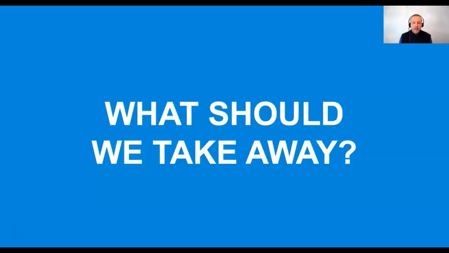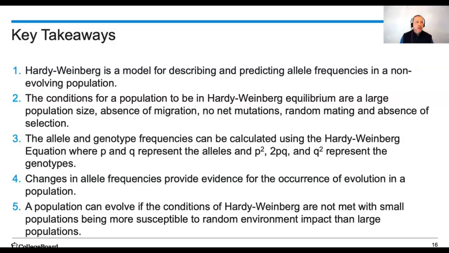So what should you take away from this lesson today? First, Hardy-Weinberg is a model for describing and predicting allele frequencies in a non-evolving population. 2, the conditions for a population to be in Hardy-Weinberg equilibrium are a large population size, absence of migration, no net mutations, random mating, and absence of selection. 3, the allele and genotype frequencies can be calculated using the Hardy-Weinberg equation where p and q represent alleles, and p squared, 2pq, and q squared represent the genotypes. 4, changes in allele frequencies provide evidence for the occurrence of evolution in a population.